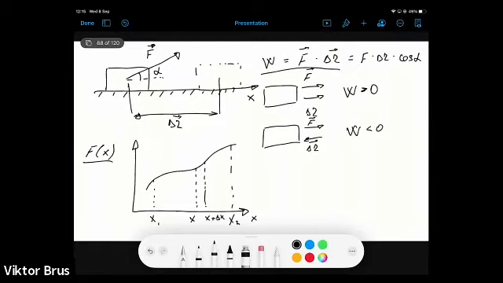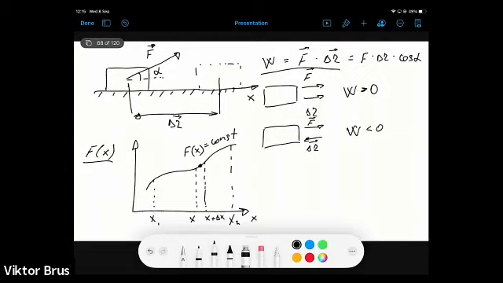If this delta x is small, then with some level of approximation we can assume that we have a constant force within this narrow interval.